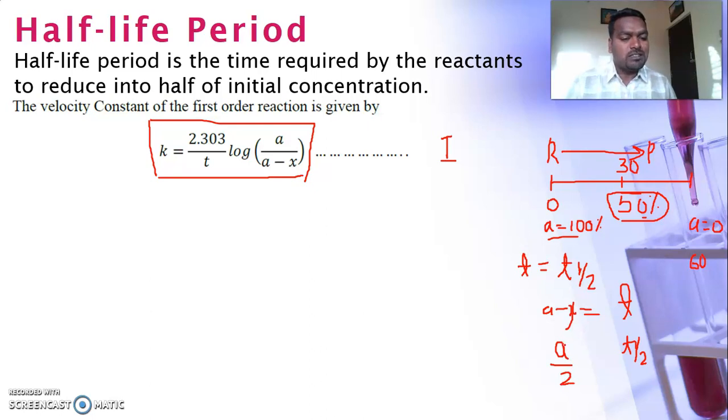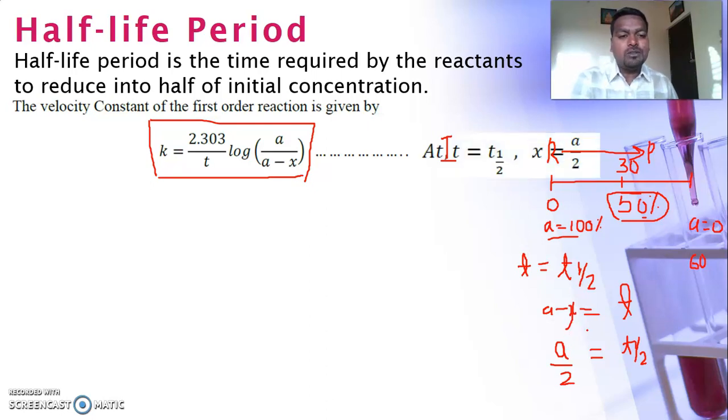The initial concentration is a, and a by 2 is the concentration of the reactant at t half, because at t half exactly half of the amount is converted into product. At any time a minus x is the concentration remaining, but at t half, a by 2 is the concentration remaining.